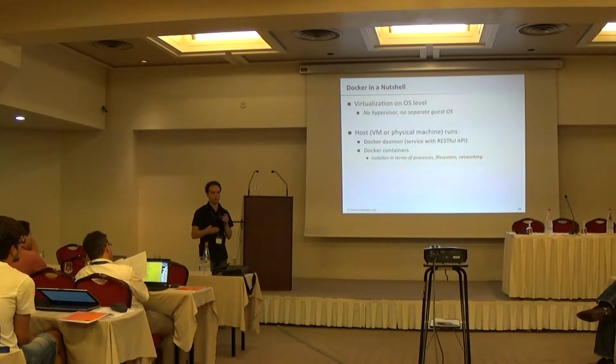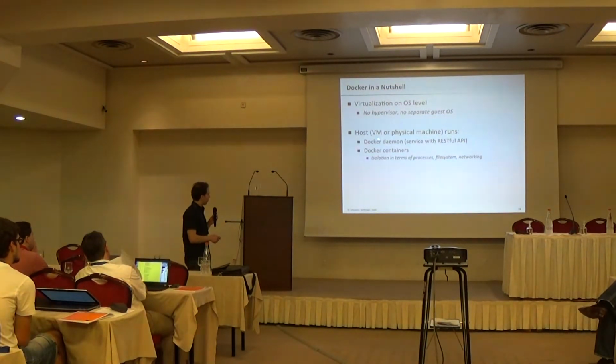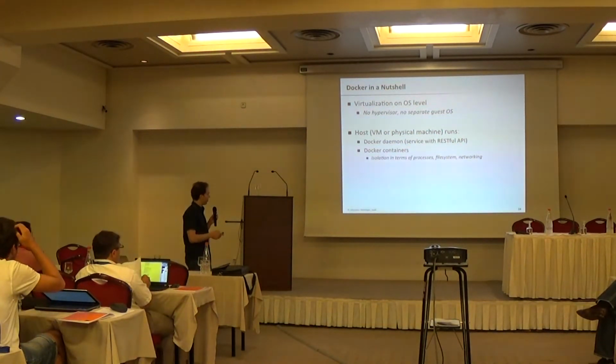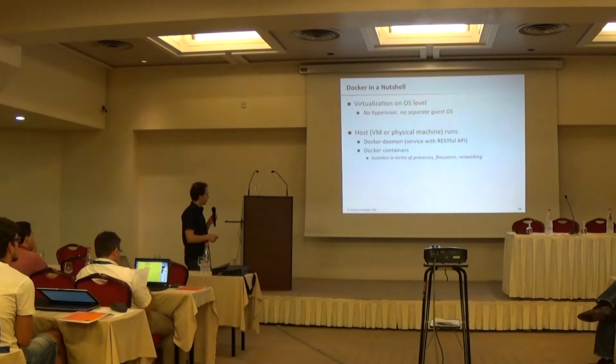This is what Cloud Foundry and Bluemix are implementing in the background, right? And a host could be, for example, a virtual machine or a physical machine, and it runs the Docker daemon, which is a service that can be used using a RESTful API.